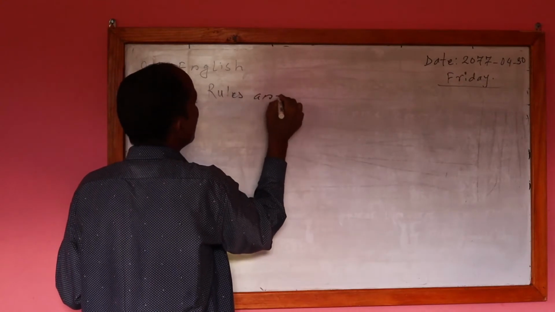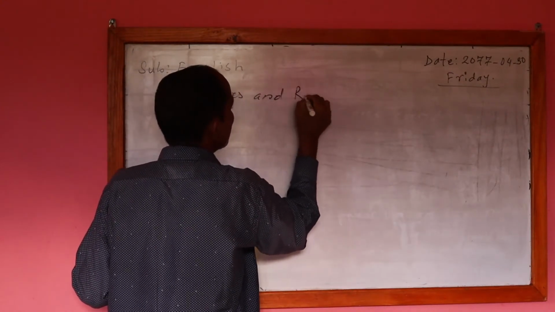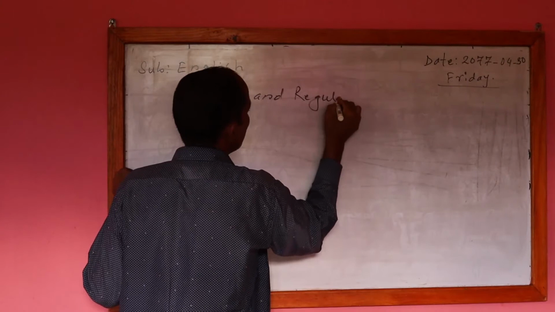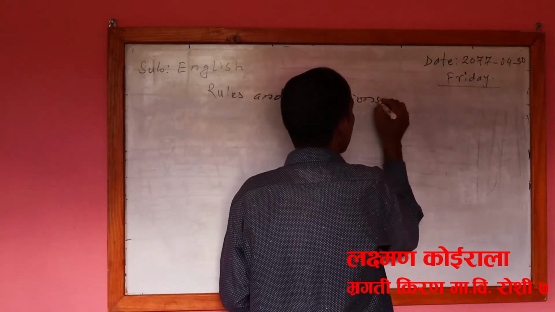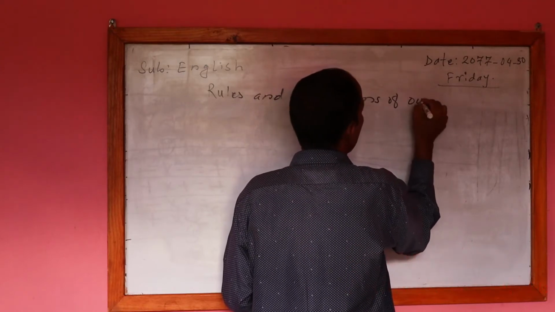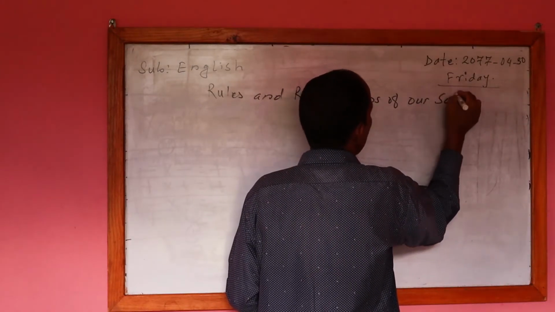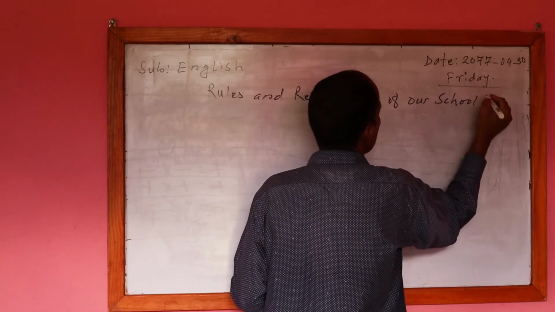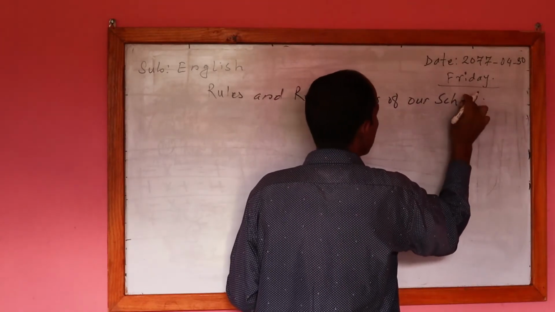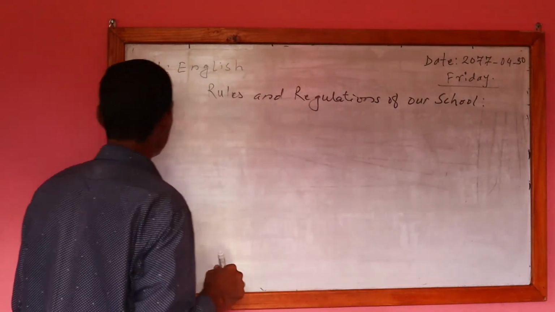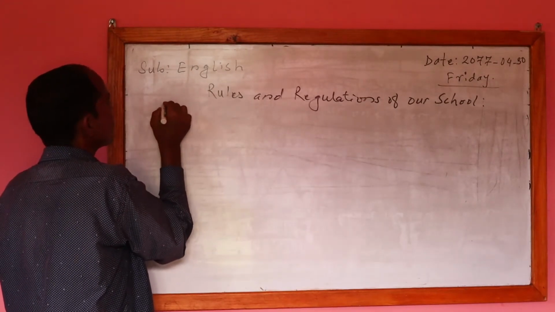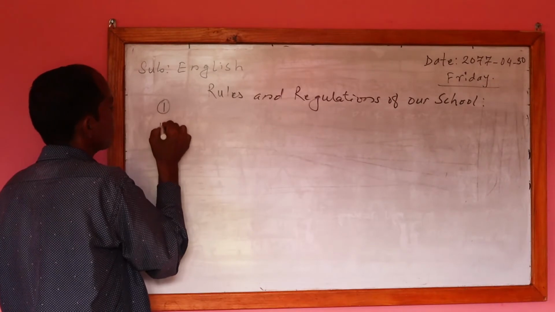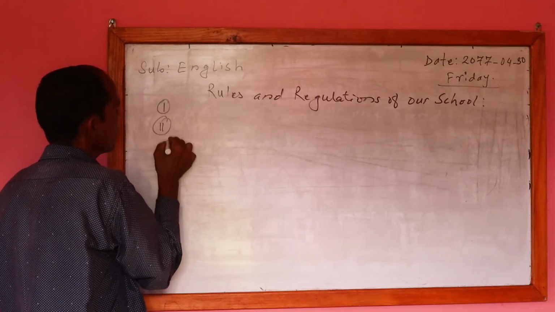Now let's see what the rules and regulations of our school are, what we must do and what we must not do at school. We can write or list some rules and regulations of our school, isn't it?